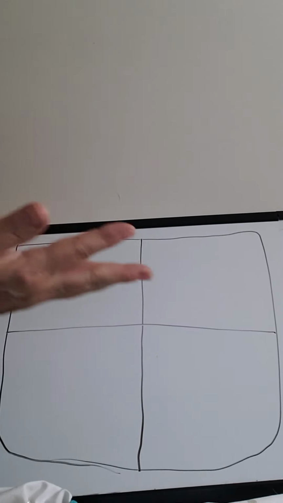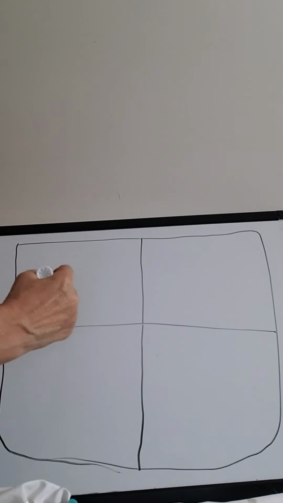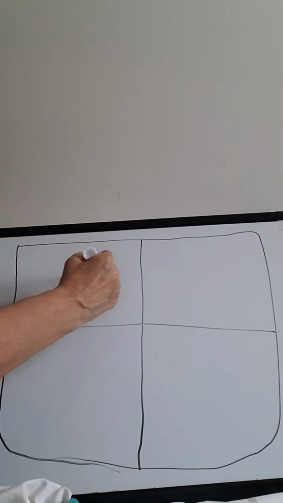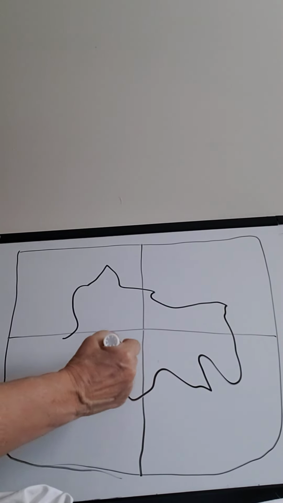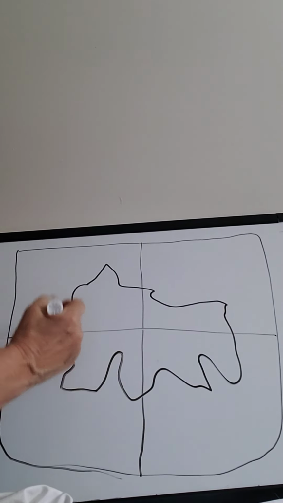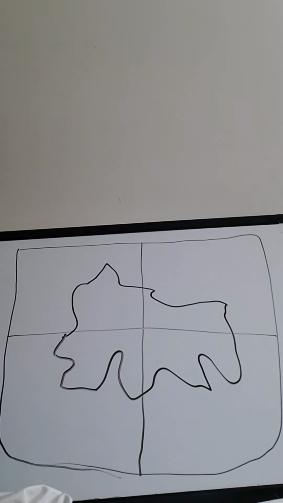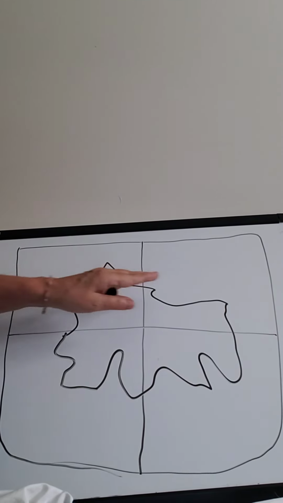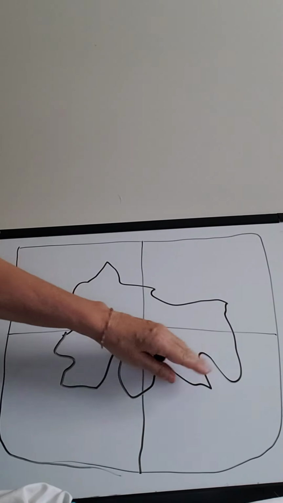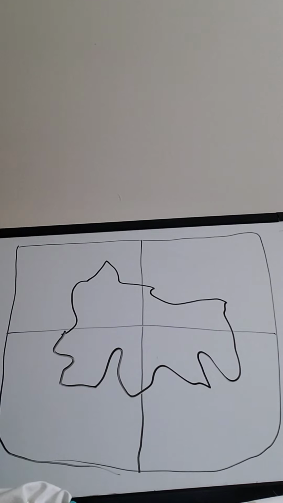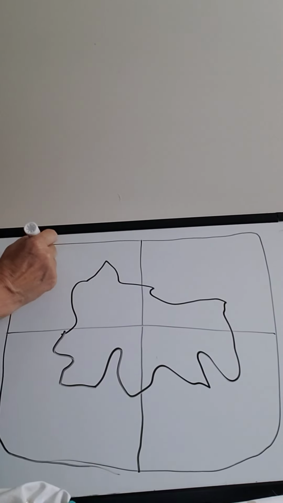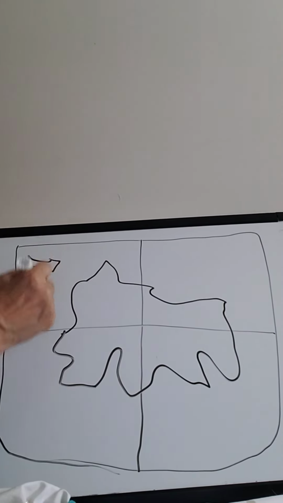What I want you to do, you don't have to copy mine exactly. I want you to just do some organic, crazy shape, blobby thing, like an amoeba or something, so that it goes into all four sections. And then in each section, I just want you to put some little odd shapes.